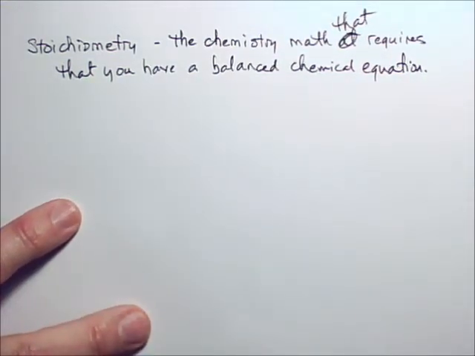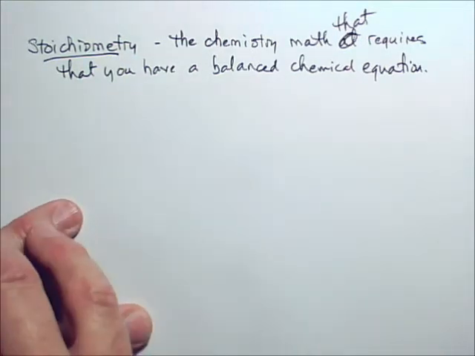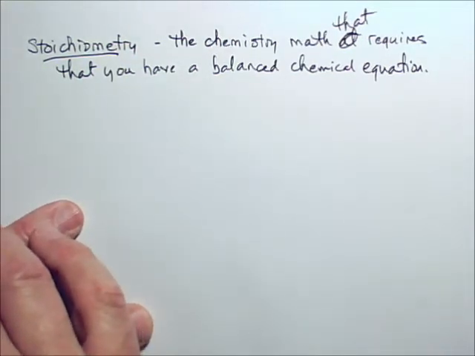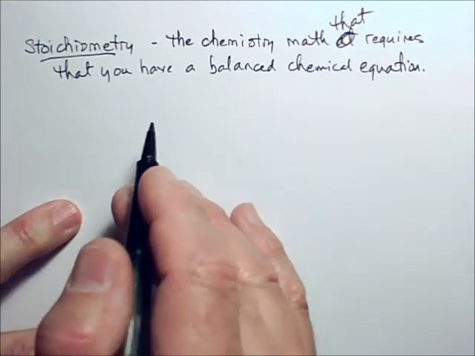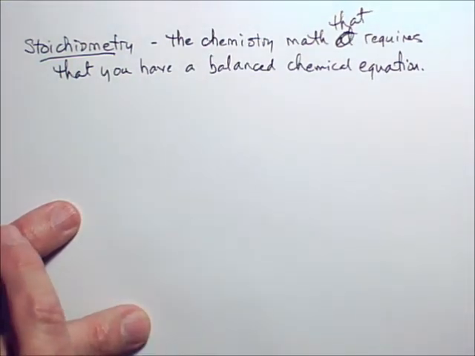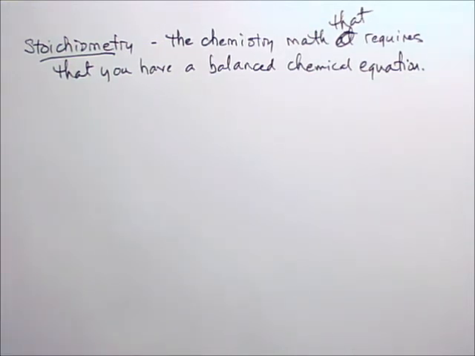So you can't do stoichiometry until you can first balance equations. You can't balance equations until you first balance formulas. You can't balance formulas unless you first know structures and ions and those kinds of things to be able to do that with.